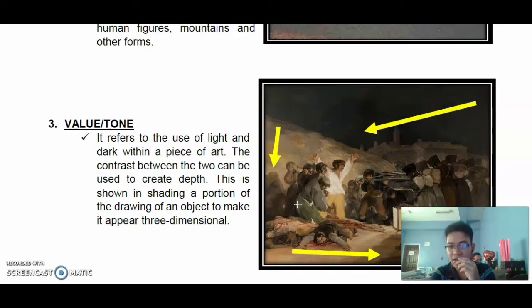Our main subject here are the people being shot by these soldiers. If you are an artist and you want to focus on a specific subject, you are going to focus the light on your main character. That is why in this part we have a lighter one. Okay?